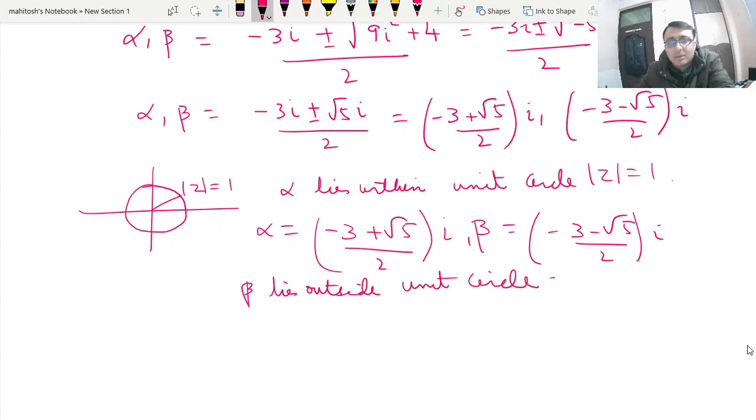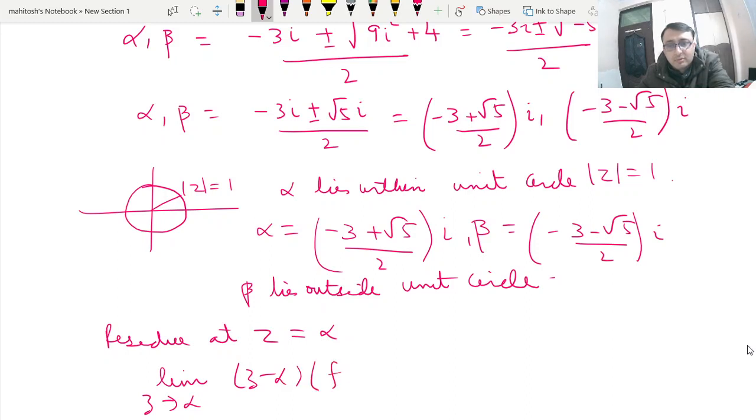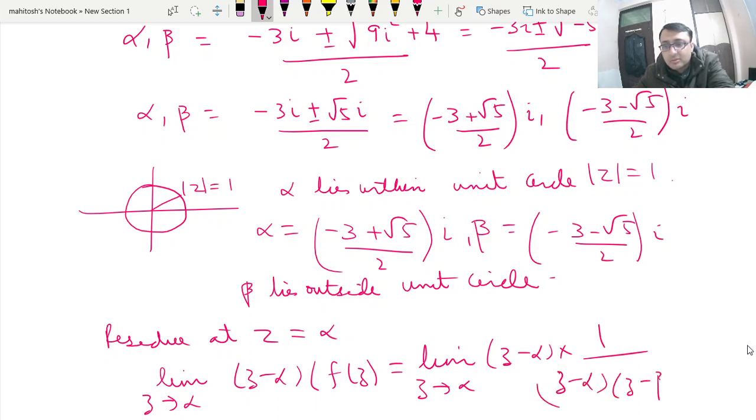Okay. So if we want to find the residue at z is equal to alpha, we can write limit z tends to alpha, z minus alpha into f(z). This is nothing but z tends to alpha, and this is z. We have factored this as z minus alpha into z minus beta.